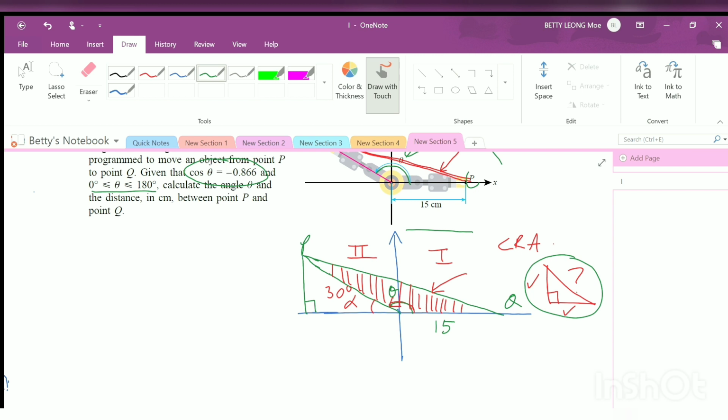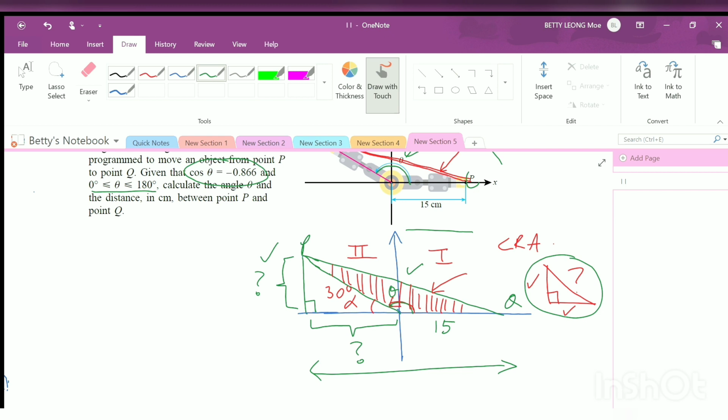So you can find your PQ if you know the length of this one and the length of this. And then you can use Pythagoras, because you will know this length and this length. You can use Pythagoras to find the PQ.